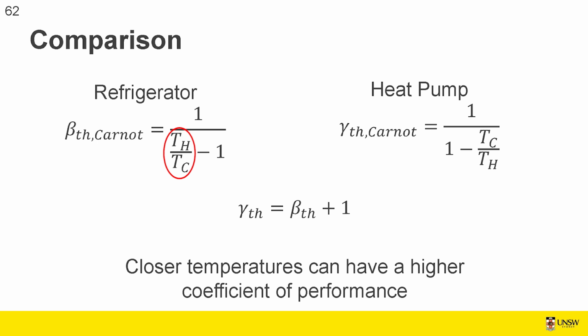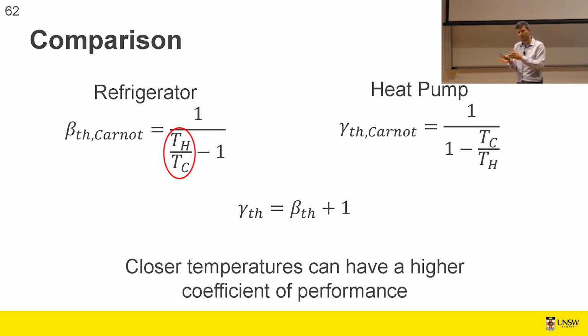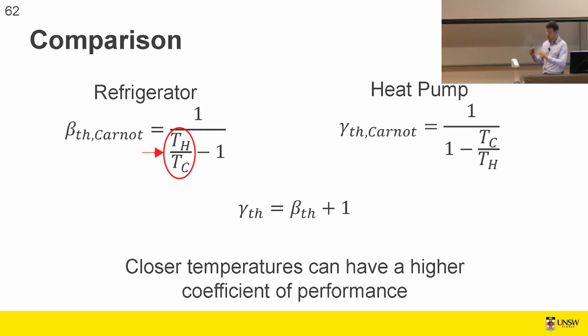For refrigerators and heat pumps, it's the other way around. So the closer the temperatures are, the higher the coefficient of performance will be, okay? So for example, here, as TH on TC gets close to 1, right? TH is always going to be higher than TC because it's the hot and the cold, right? So this is always going to be larger than 1, but as it approaches 1, this approaches infinity. Same with the heat pump.